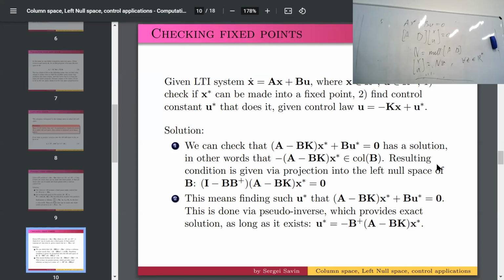Can we make it into a fixed point? That's a mistake. It should be: can x star be made into a fixed point under the control law that is written there, and then find the control law constant that does it. Well, let's try it.